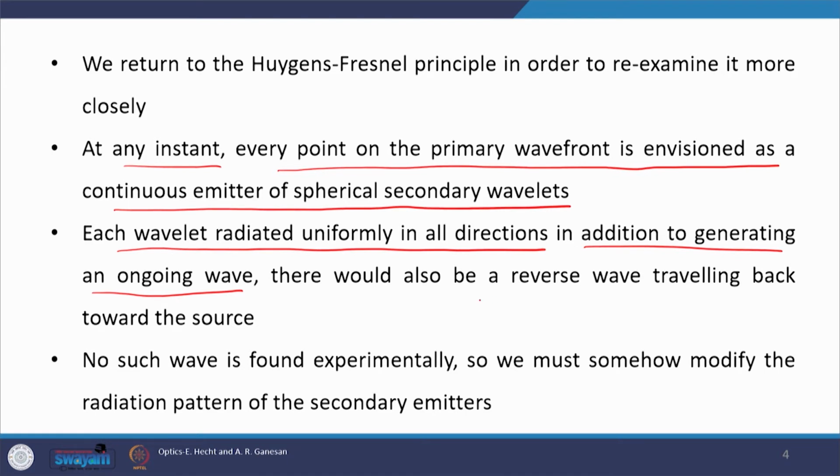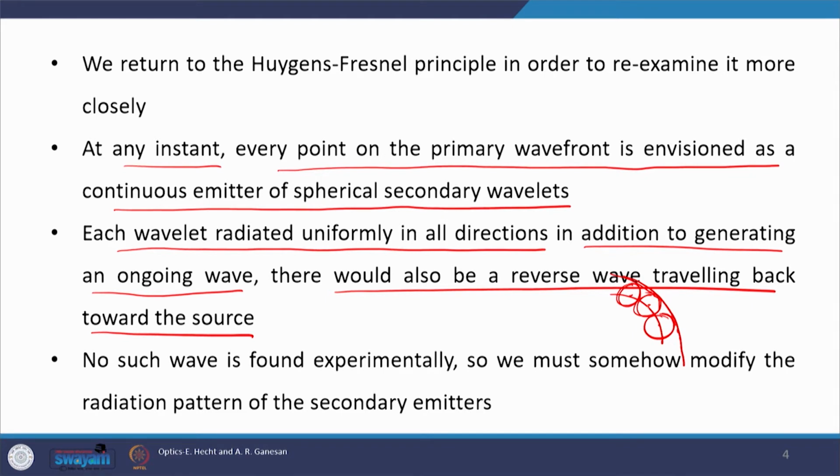This is something which we do not see in our daily life. Suppose we have a wave front, and each point on the wave front emits a spherical wave front. Huygens said that we just draw an envelope on these secondary wave fronts, and this envelope gives the new position of the wave front.